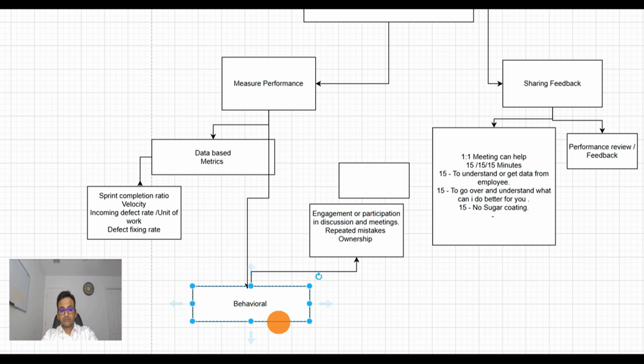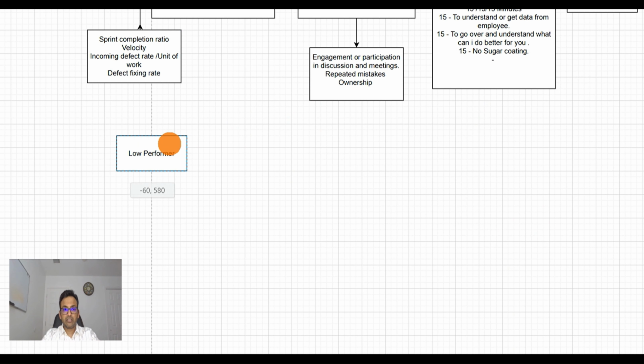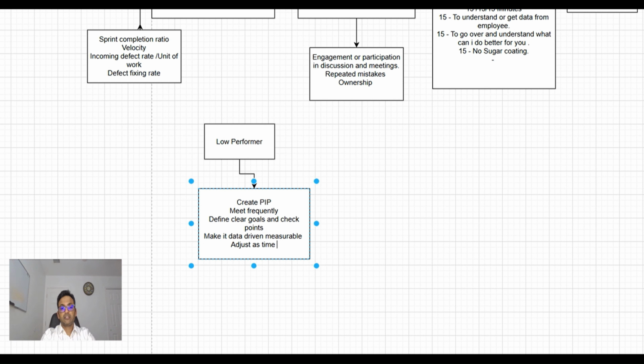One is the low performer: if your data is showing that there are issues, or your behavioral data is showing some issues where we have the opportunity to grow, you work with the person and create a performance improvement plan. If needed, meet frequently, define clear goals and checkpoints, make it data driven, measurable, and adjust as time goes. So you create this for the low performer.